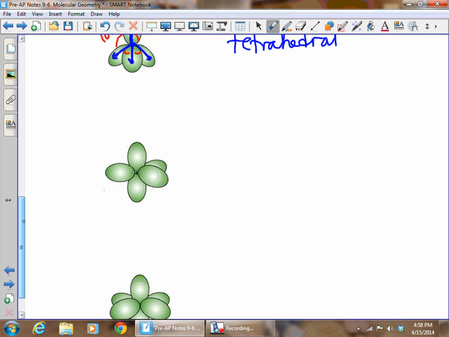Our next structure is our trigonal bipyramidal. The trigonal bipyramidal structure, I think of it as a hopping robot, and maybe you'll see why in just a moment. You have the central atom, and there are 5 different things attached to the central atom. Could be another atom, could be a lone pair. So you've got one up here.